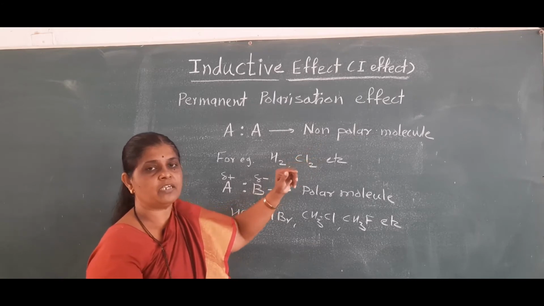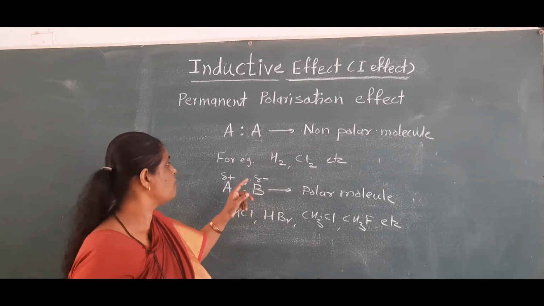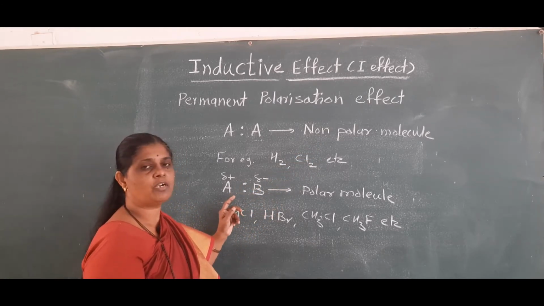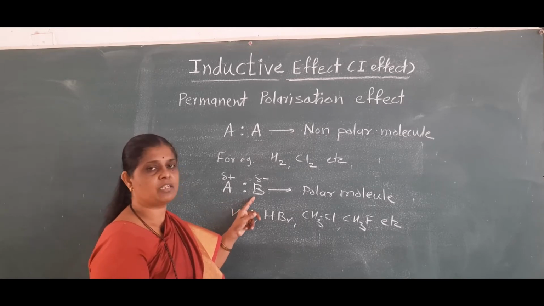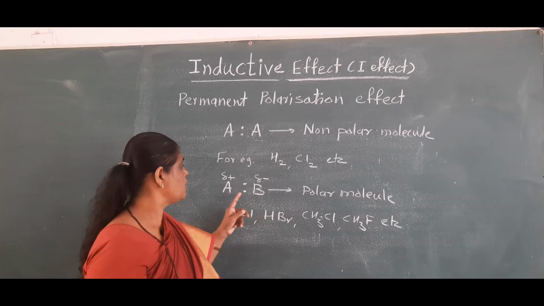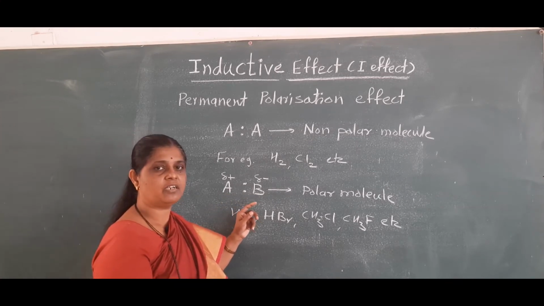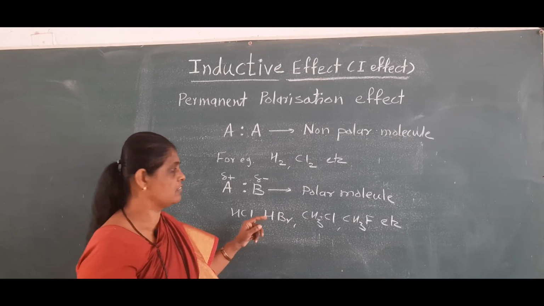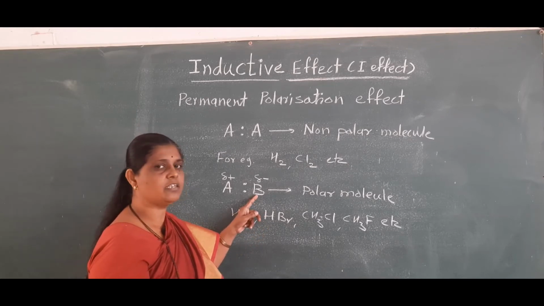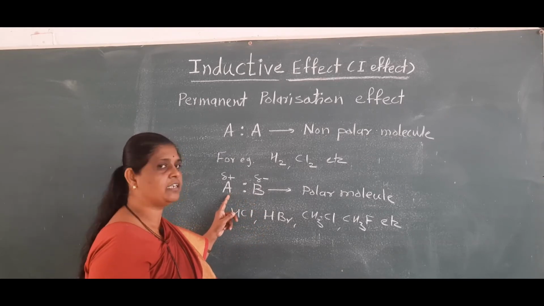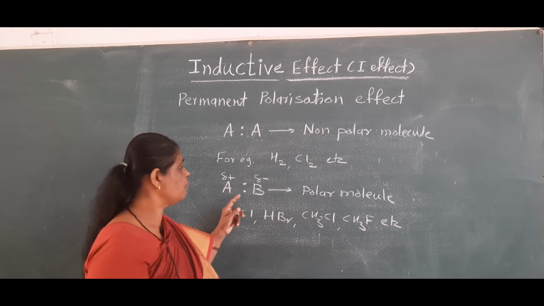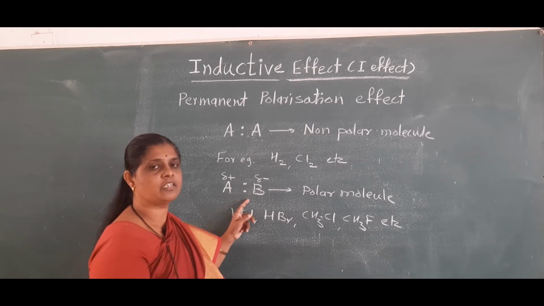The inductive effect is shown in those compounds in which the bond is formed between dissimilar atoms. Suppose the chemical bond is formed between atom A and atom B having different electronegativities. Suppose atom B is more electronegative than atom A, and at that time polarization is observed in the molecule.